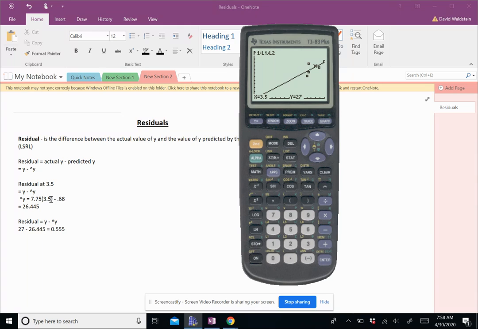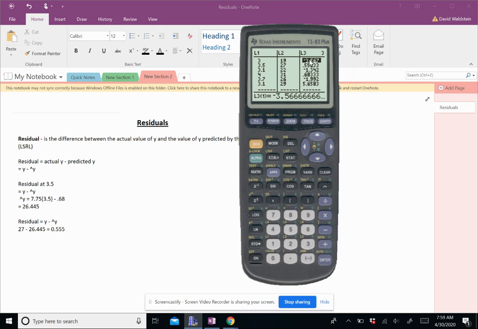We can use the calculator to get our residuals, and it's pretty neat. All we need to do is highlight this L3. I hit second stat, the list key, and then I go down to resid.